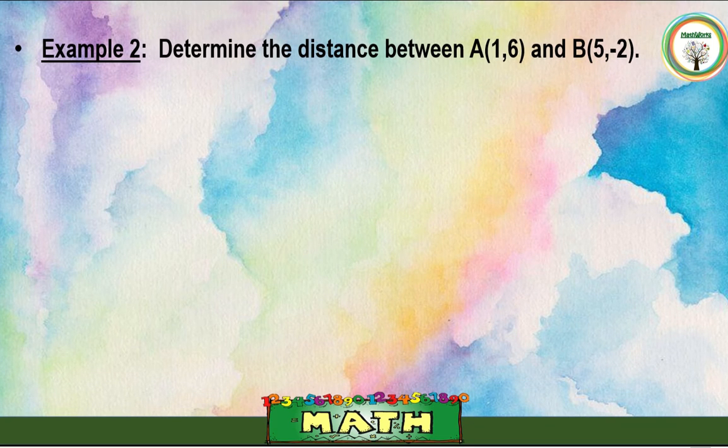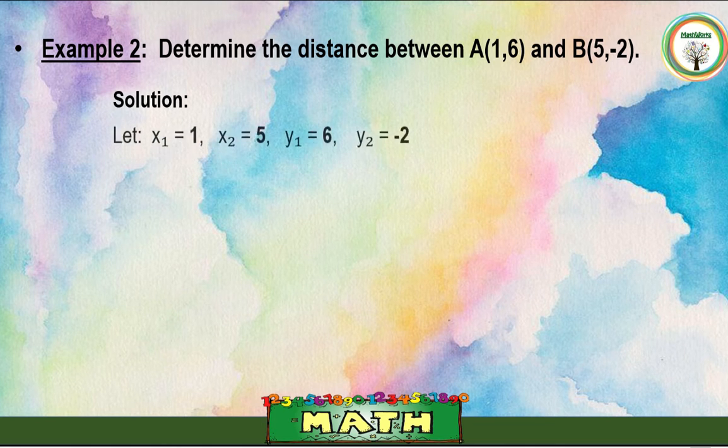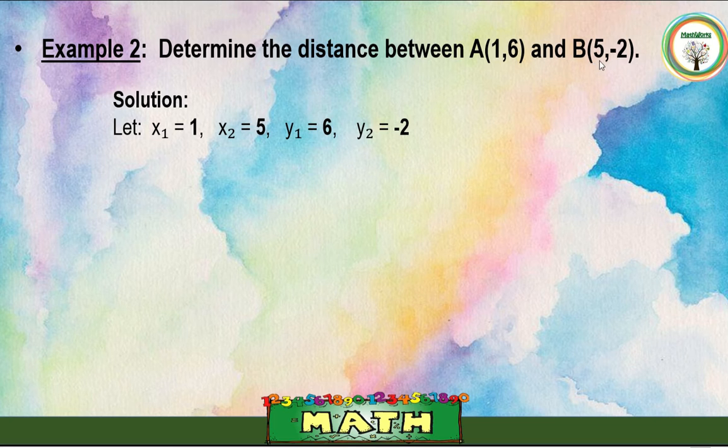Next, for example number 2, determine the distance between point A (1, 6) and point B (5, -2). Solution: let x sub 1 is 1, x sub 2 is 5, y sub 1 is 6, and y sub 2 is negative 2.